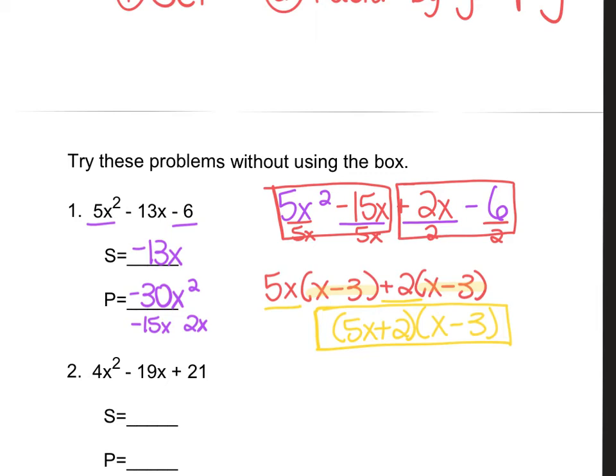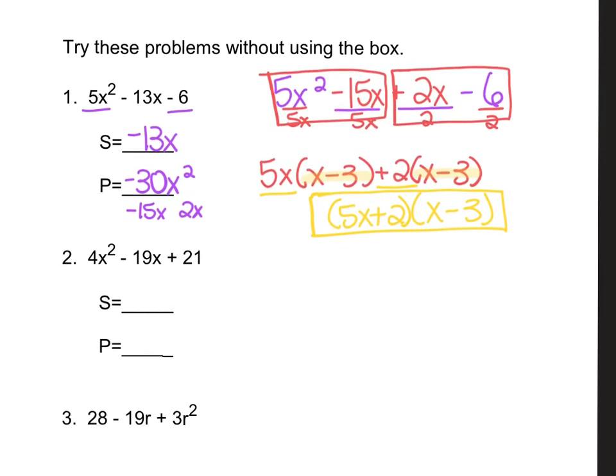So for number 2, I need something that adds to negative 19x and multiplies to 84x squared. So we're really going to have to think about the factors. I think I've said this before, but there is an easy way in the calculator.